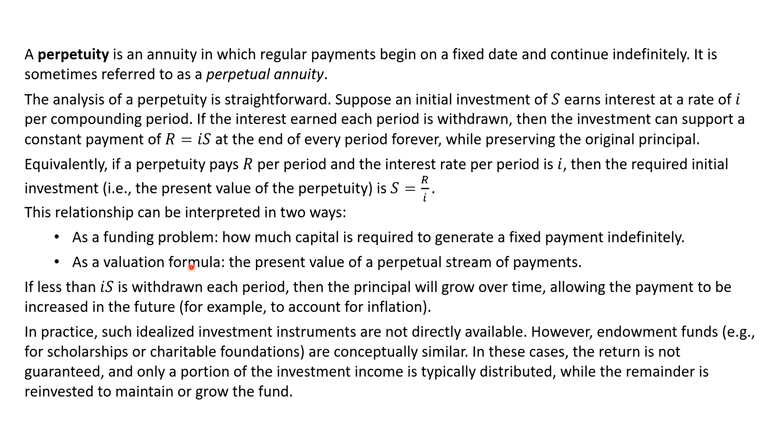As a valuation formula, the present value of a perpetual stream of payments. If less than I times S, this amount here, is withdrawn each period, then the principal will grow over time, allowing the payment to be increased in the future. For example, to account for inflation.